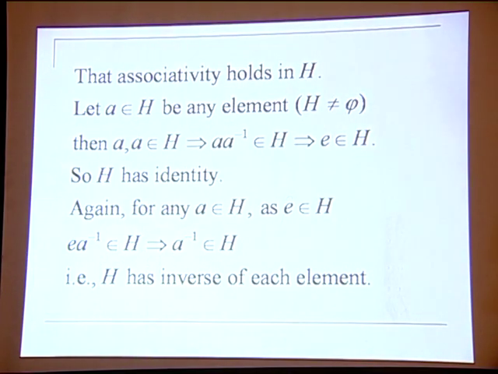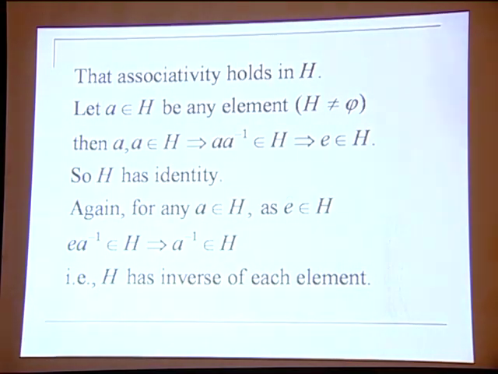We will take all the four postulates. Associativity holds in H because H is a subset of G. Now let a be any element of H, then a belongs to H, this implies a inverse belongs to H, this implies e belongs to H. So H has identity. Again, for any a belonging to H, e belongs to H, so a inverse belongs to H. So H has an inverse element.